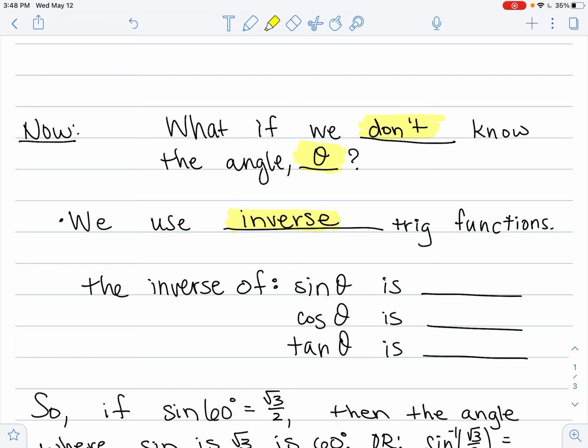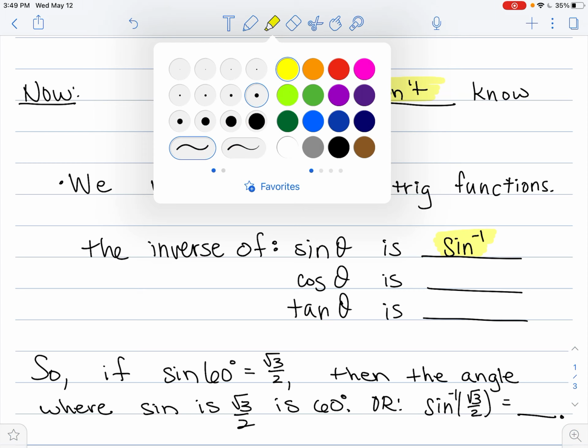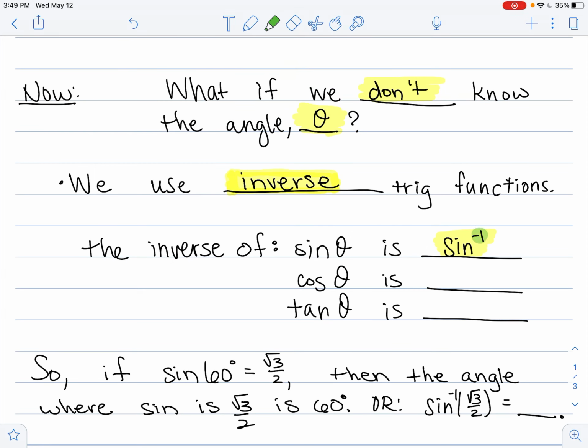And here's what this is. Basically, it's the opposite of a trig function, and instead of finding the trig ratio, we're looking for theta. So the inverse of sine theta is this notation of inverse sine. This notation looks like to the power of -1, but we actually say that that's inverse sine.